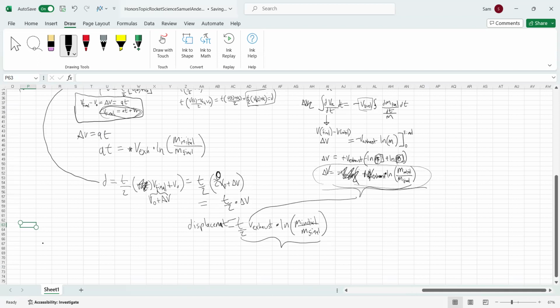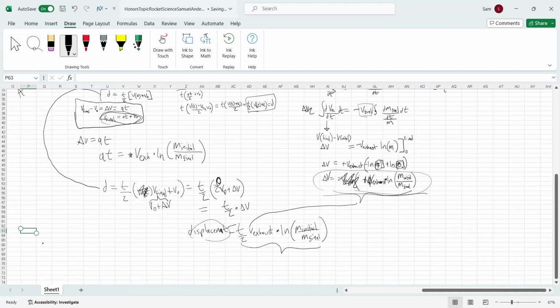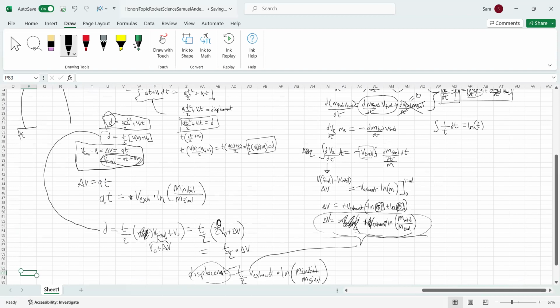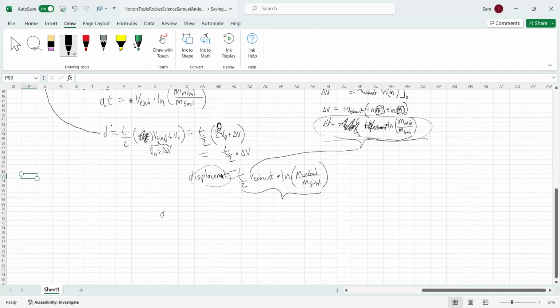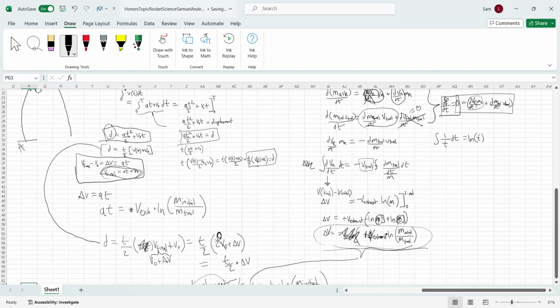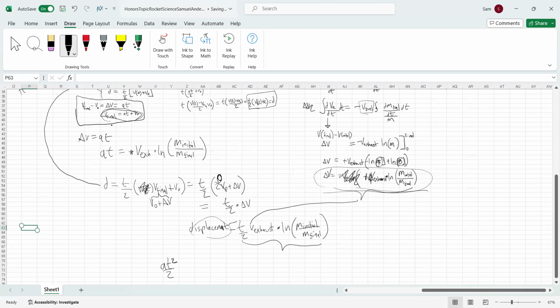So this is displacement right here, and this is displacement up above. So we get AT squared over 2 plus initial velocity times time. That's displacement.